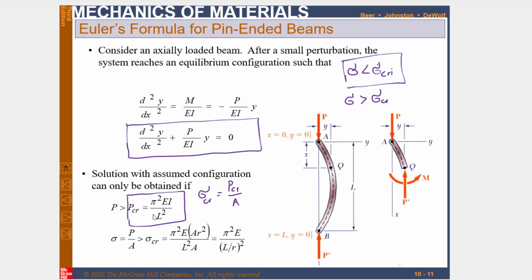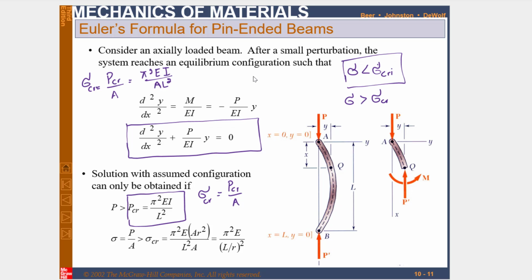Now sigma critical, or critical stress, is equal to P critical over area, and this P critical is equal to pi square EI over A into L square. Clear? This is the formula.